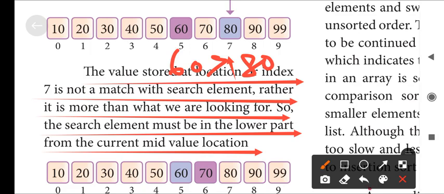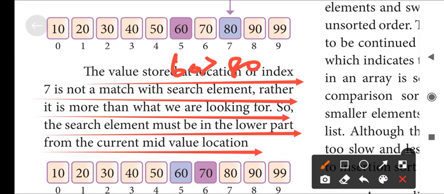Again we check the value: 60 less than 80. Sorry, 60 less than 80, the condition will be true.